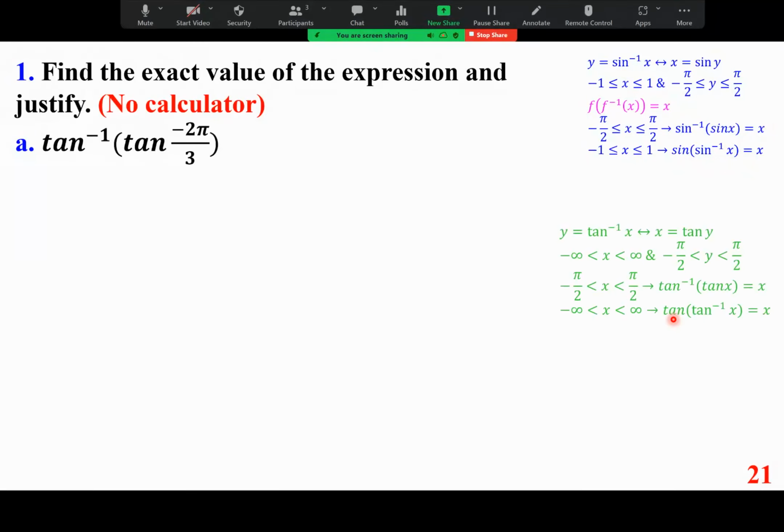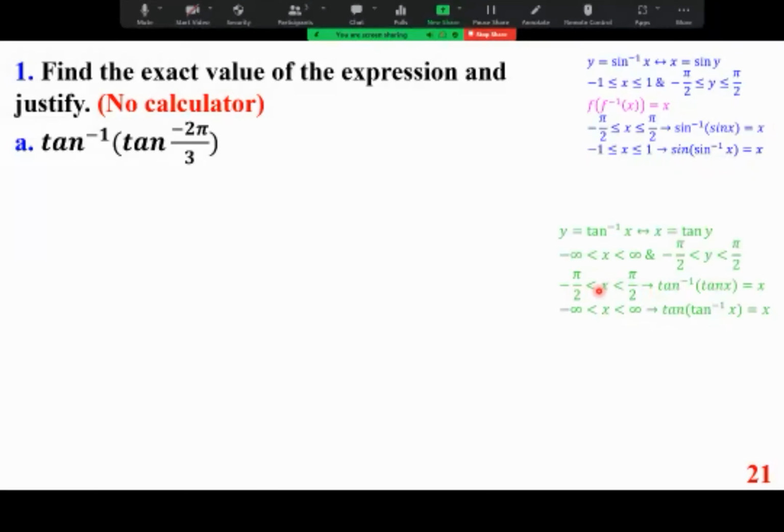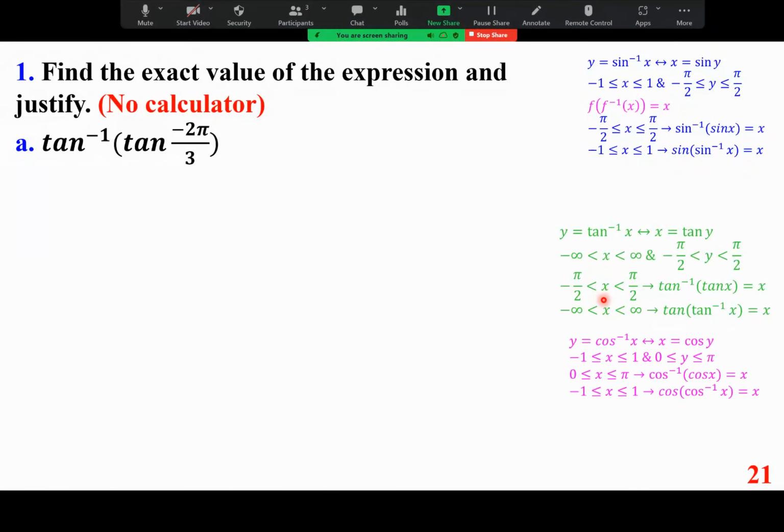Tan inverse, the only reason I go with tan inverse first is because the restriction that we put for sine, we have the same thing for tangent, except it doesn't have an equality. For cosine, we put the restriction from 0 to pi for it to work.